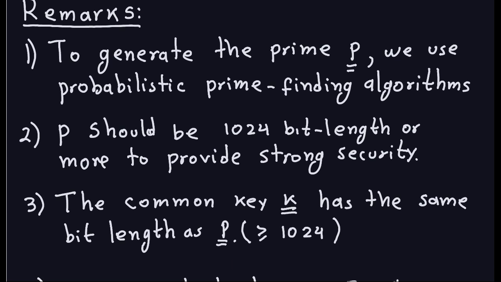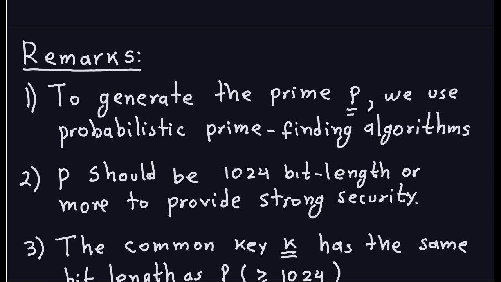Now, because we want this to be secure, as I mentioned, if the prime is small, then you can actually compute the private key just by listening to the channel. So right now, it is advised that the prime P should have 1024-bit length or more to provide strong security for this key exchange.